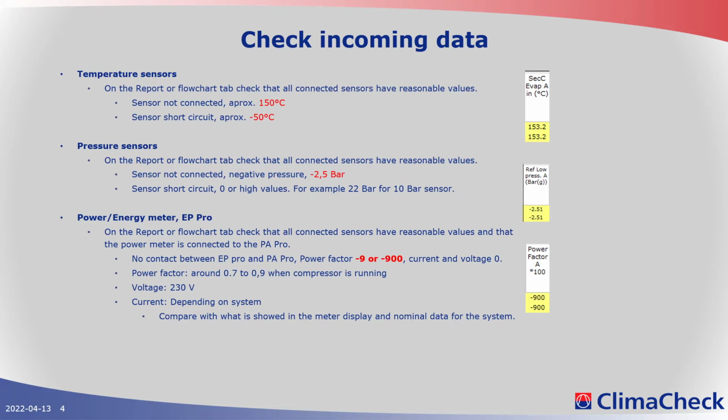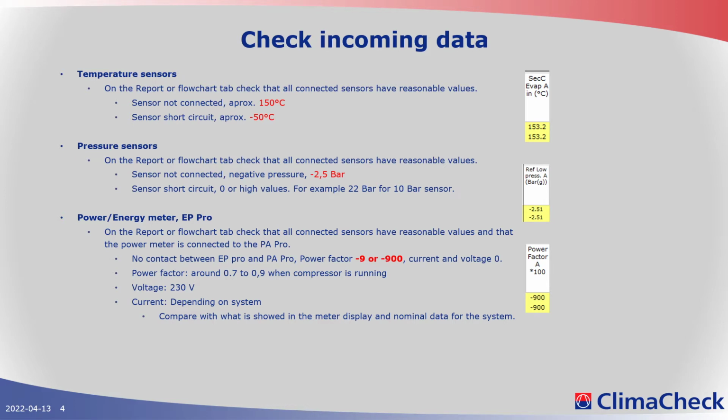We use PT1000 Class A, very high accuracy temperature sensors. And the range of most of the equipment we supply is -50 to 150 degrees. So if I make a short circuit in the sensor, it's going to show you -50. If I have broken the cable, so there is no contact, it's going to show you 150. So anything close to -50 or close to 150 should make you suspicious.